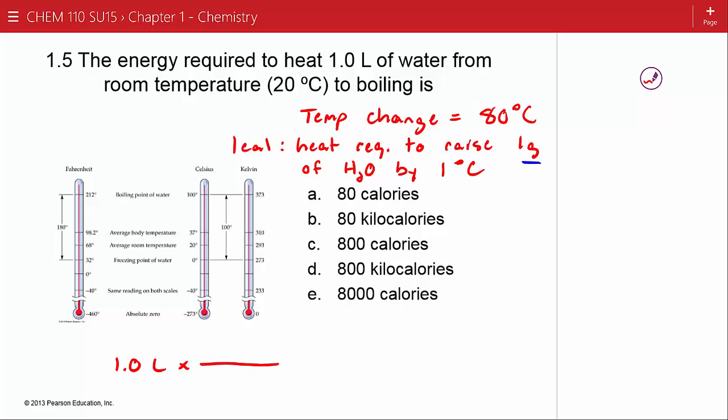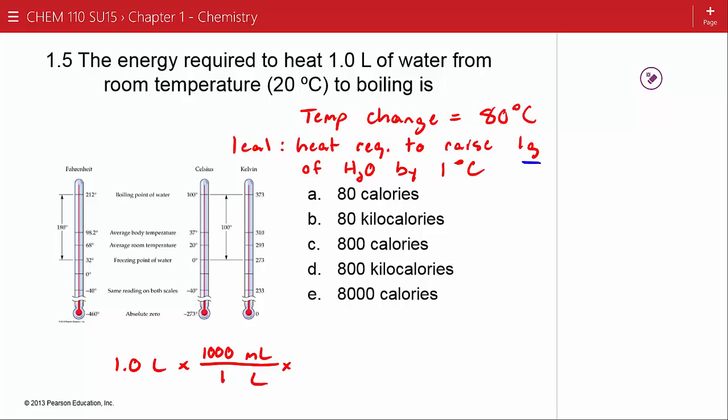We want to cancel out liters first. And what should we maybe convert it to? Yeah, probably milliliters. So we've got 1,000 milliliters in 1 liter. And then how can we convert from milliliters to grams? What do you guys think?